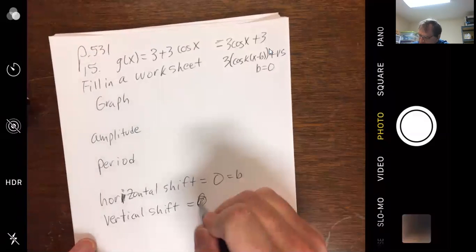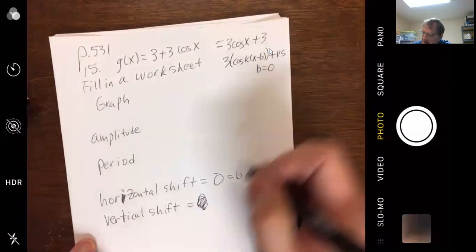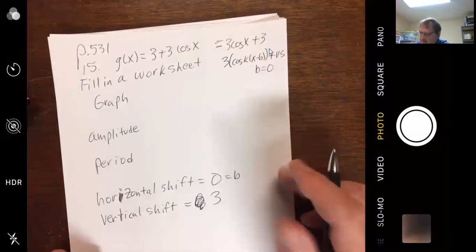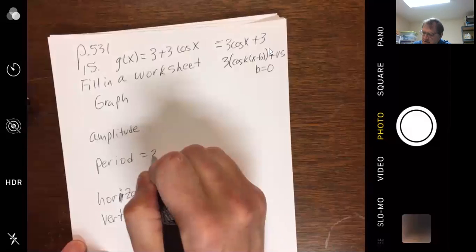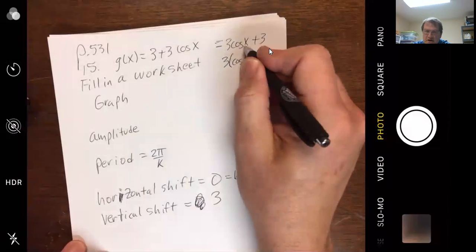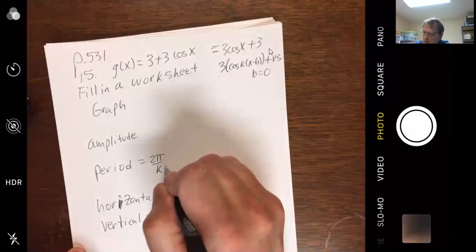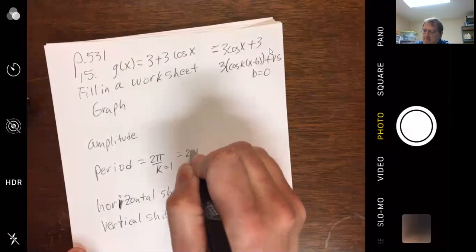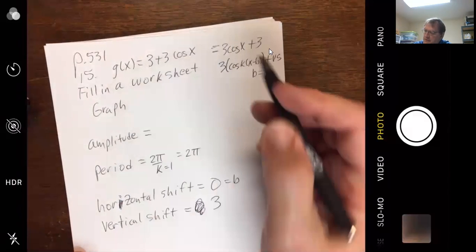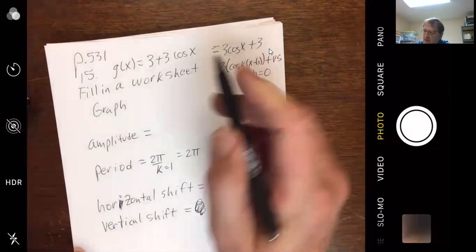I'm sorry, golly, vertical shift is 3. My apologies. All right, period is 2 pi divided by k. And your k is the coefficient on the x, so that's equal to 1, so that's just 2 pi.